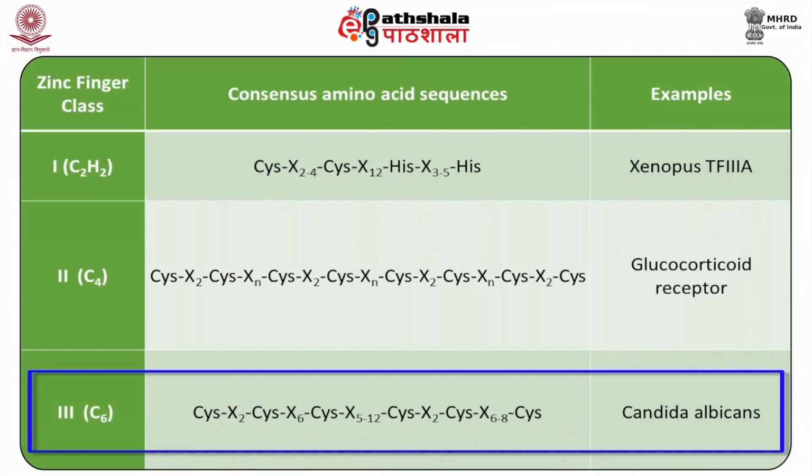Class 3 zinc finger proteins, also known as C6 zinc finger. Members of this class of zinc finger proteins possess the well-conserved motif cysteine, X2, cysteine, X6, cysteine, X5 to 12, cysteine, X2, cysteine, X6 to 8, cysteine.